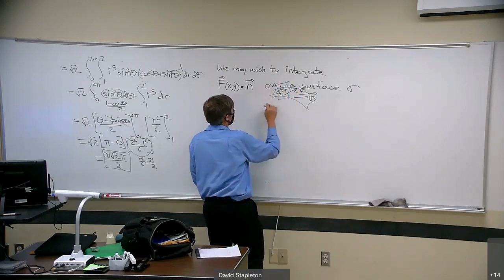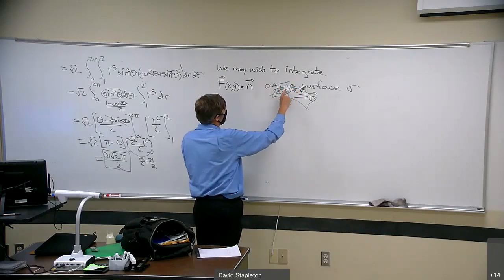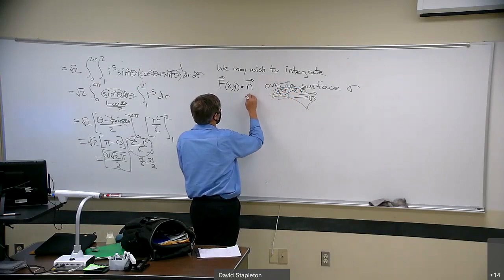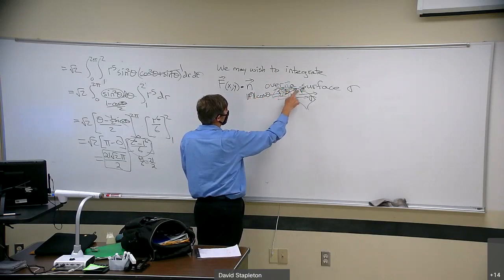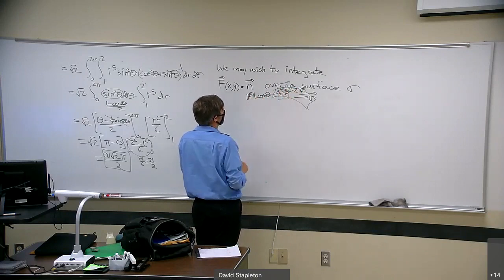Well, let's put it this way. The velocity component that's coming out through the surface is the length of F times the cosine of this angle theta between F, the velocity field, and the normal. That is the component of the velocity going out.